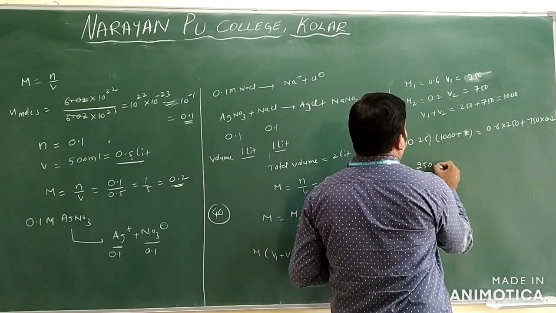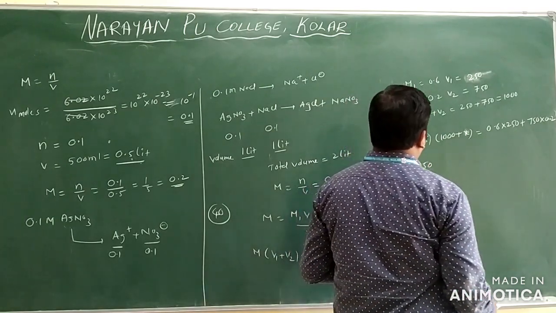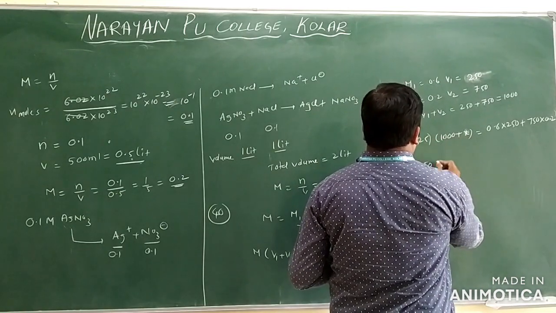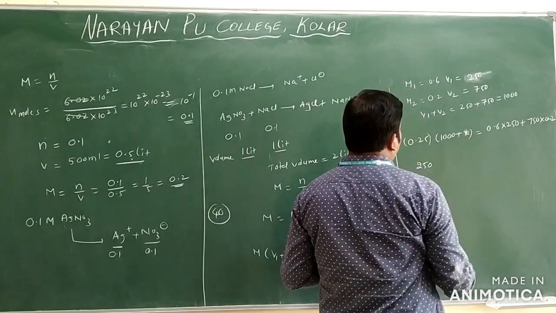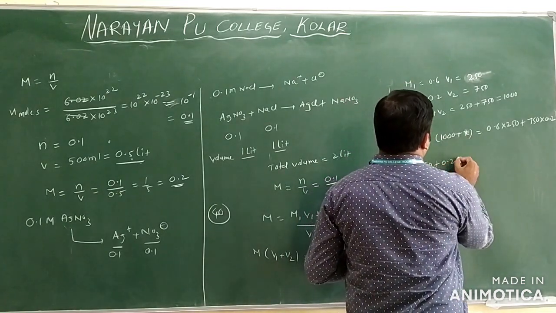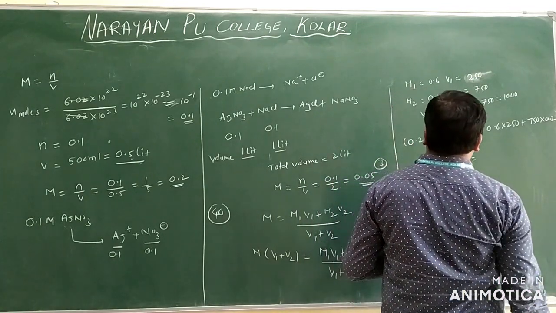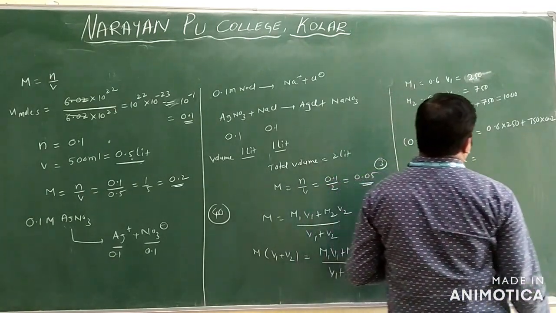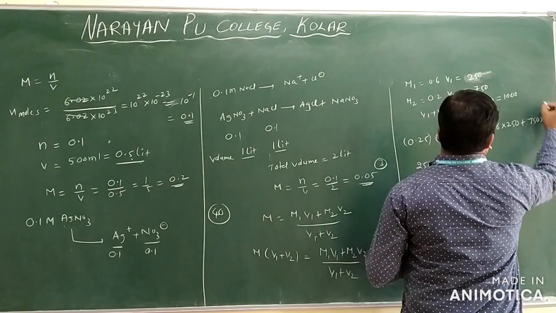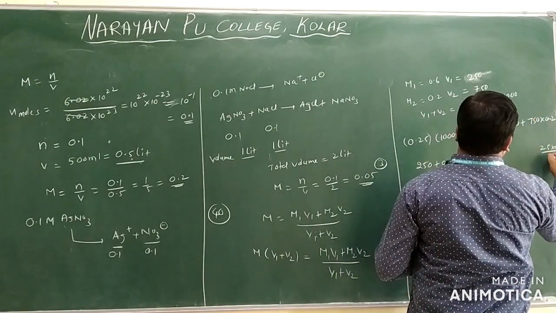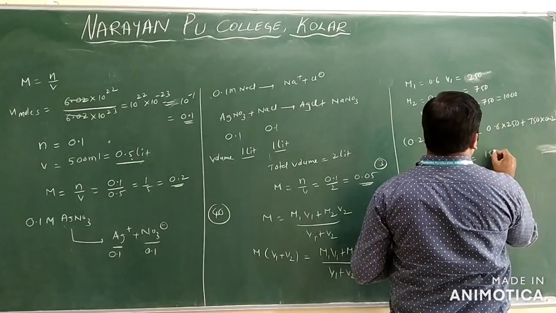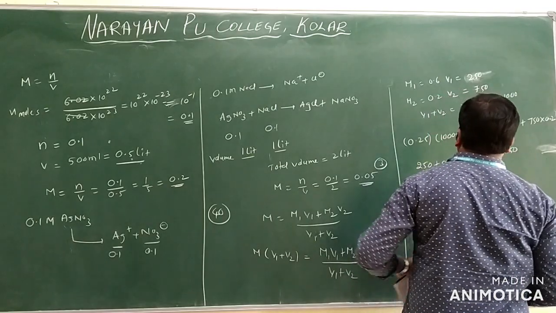You can multiply this one, 0.25 into 1000, how much will you have? You will get 250. So 250 plus 0.25X is equal to, then what will you get here? 25 into 6, you will get 150, and this is also 150 only.